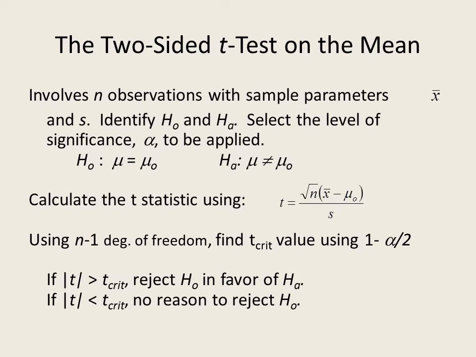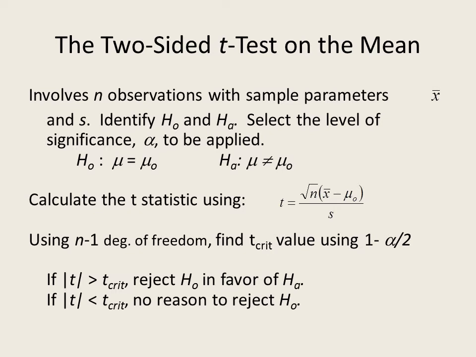You should state what your level of significance alpha is going to be, write down what your H0 is, write down what your HA, your alternative hypothesis, is, then calculate the test statistic, in this case the t statistic, and there's one way of writing the equation for t.